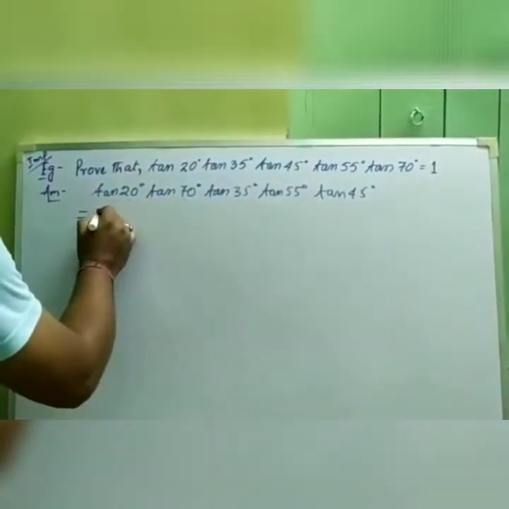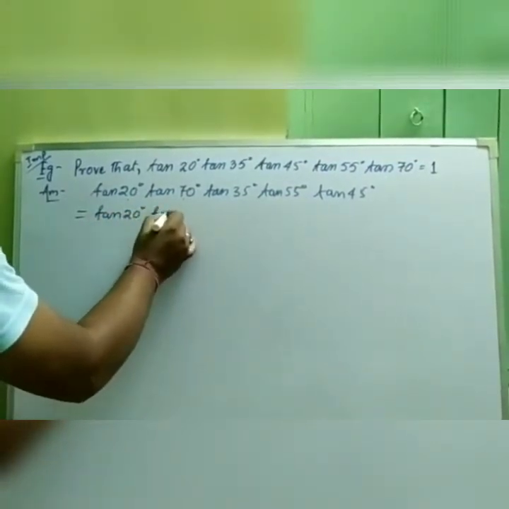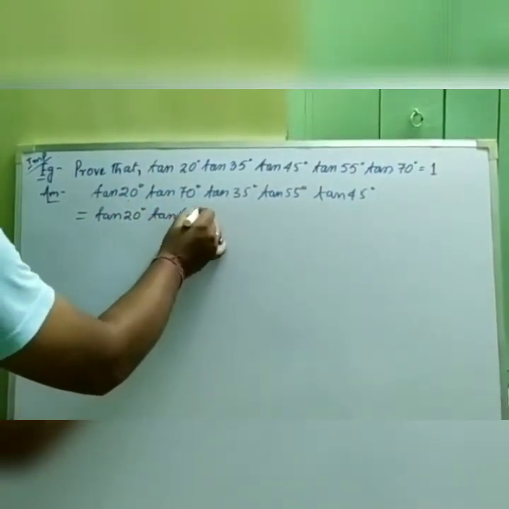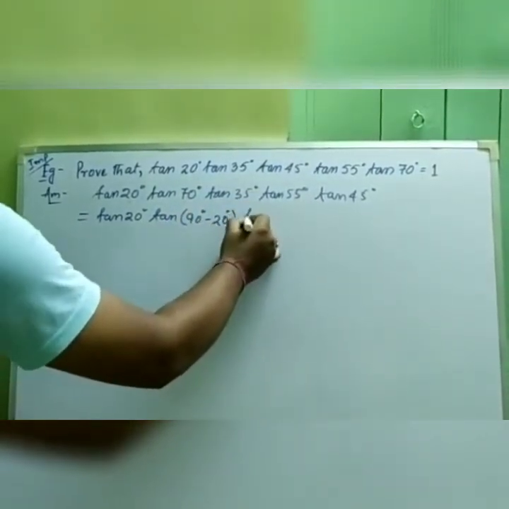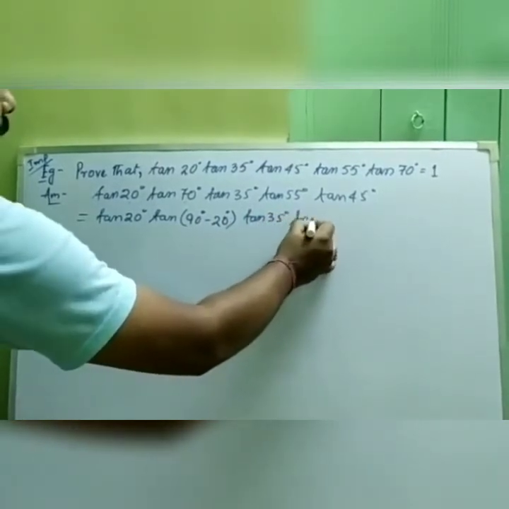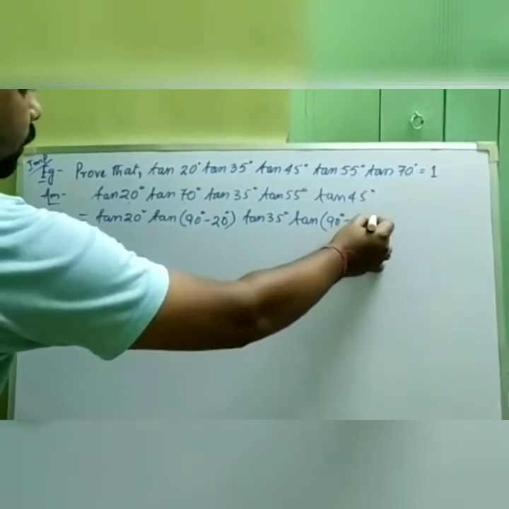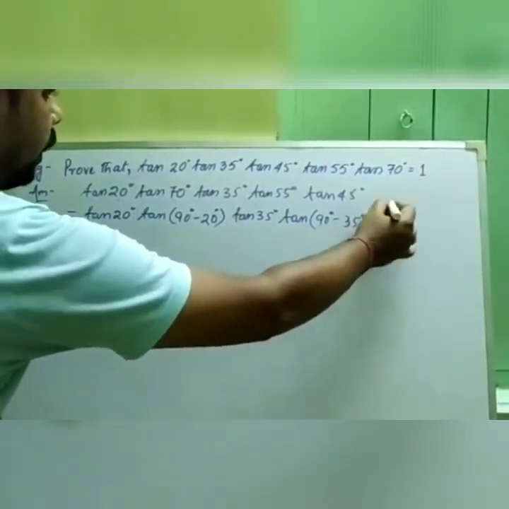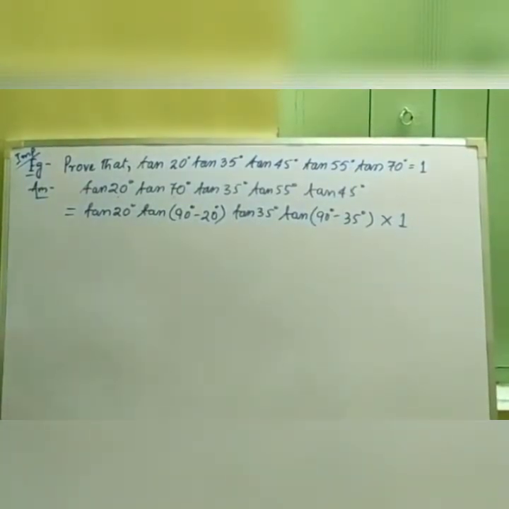We are changing 70, so 20 remains the same, and this 70 can be written as 90 degrees minus 20 degrees. Similarly, 35 remains the same, and 55 can be written as 90 degrees minus 35 degrees, into tan 45 which gives 1. We know the value of tan 45 is 1 from the degree table.